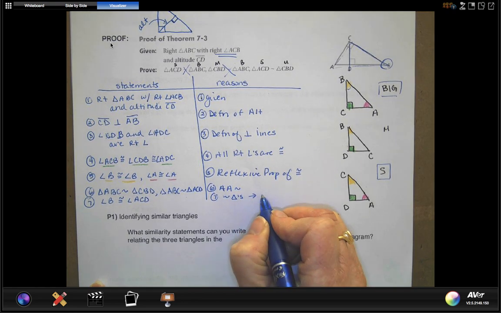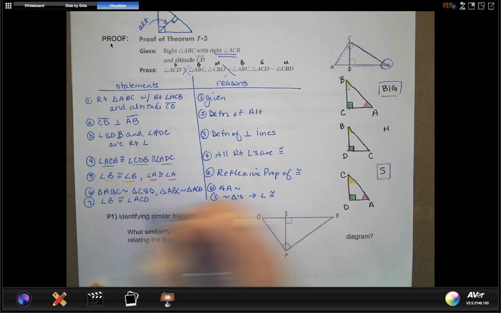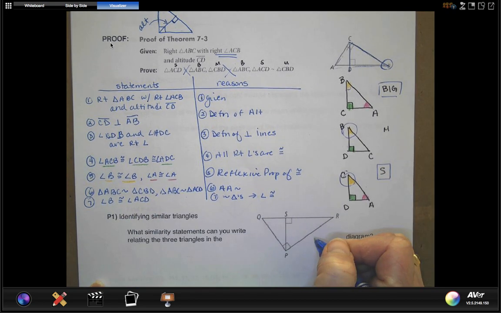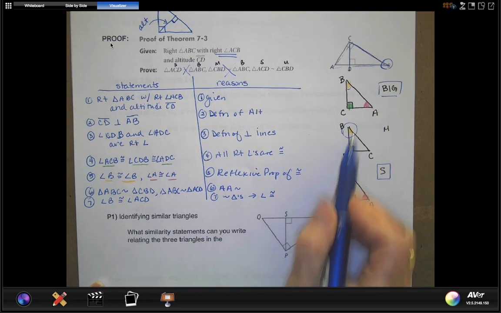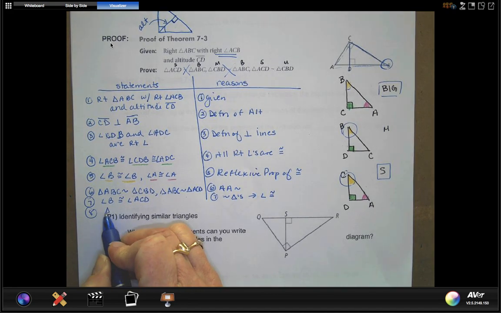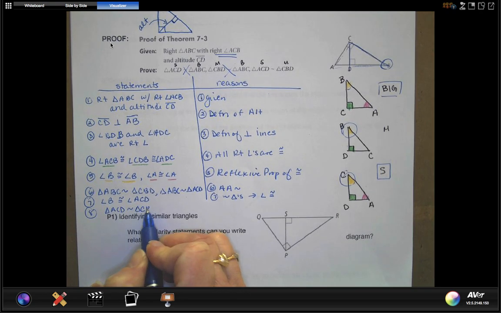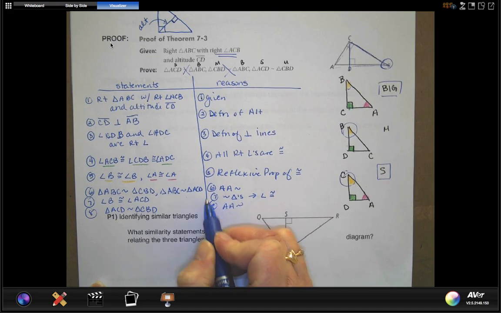If I have similar triangles, then the angles are congruent. So now, if you look here, I've got the yellow angles, I've already got the green ones as the right one, so now I can just say that triangle ACD is similar to triangle CBD, and again, I'm going to use that AA similarity reason, okay?